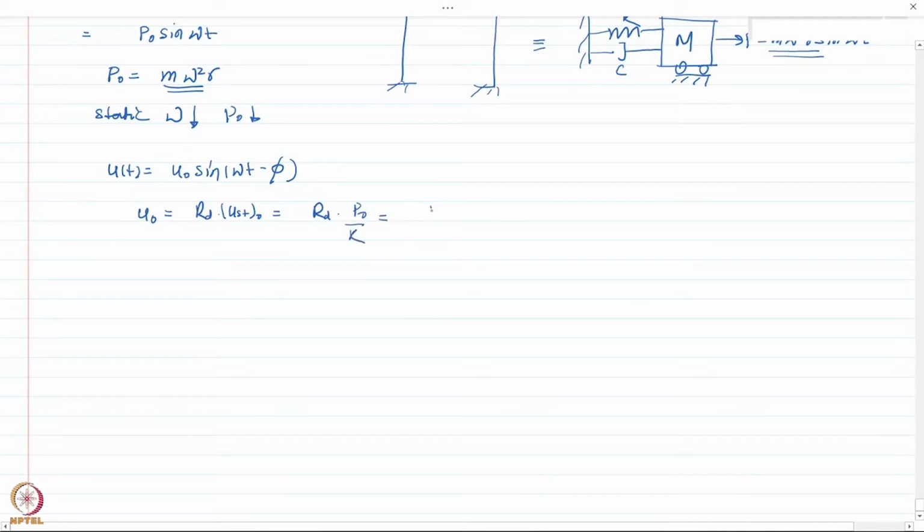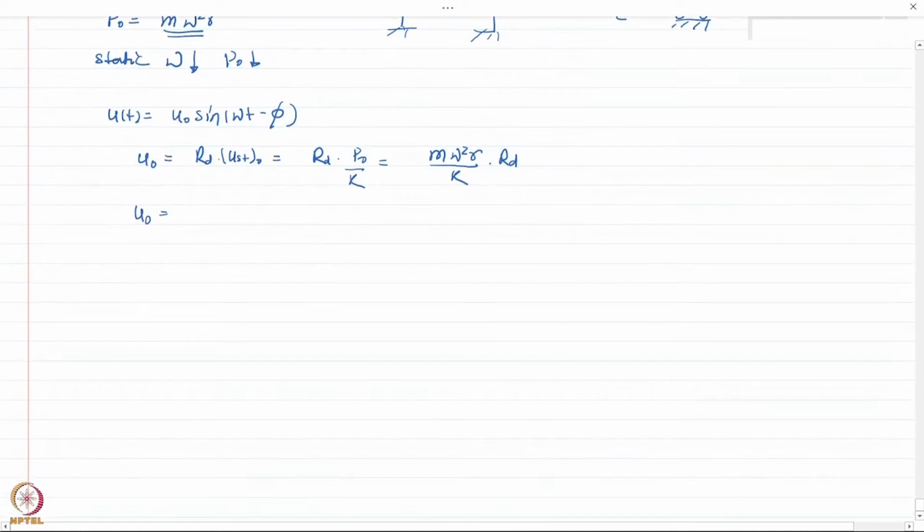In this case, P naught is m omega square r, so u naught is m omega square r divided by k times R d.